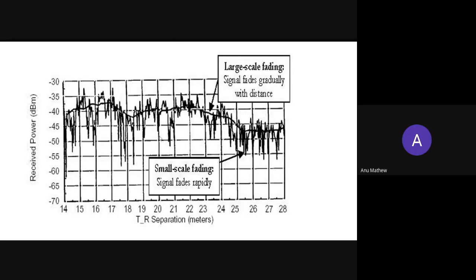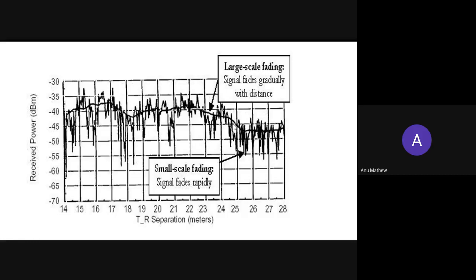We can see it in a figure. These are the two types of propagation models: large scale fading and small scale fading. The x-axis represents the transmitter receiver separation and the y-axis represents the received power. This portion represents the large scale fading, where the transmitter receiver separation is large and the signal strength decreases gradually.